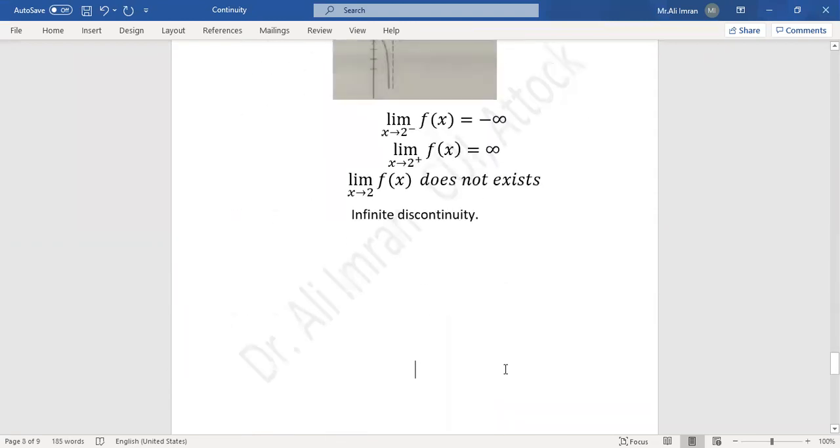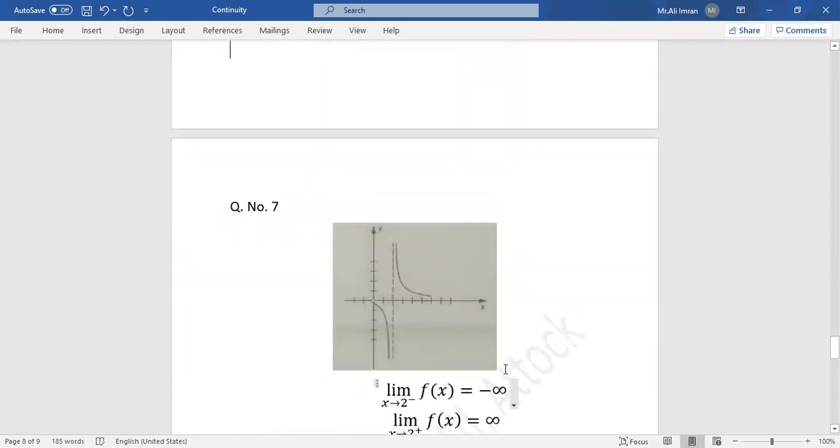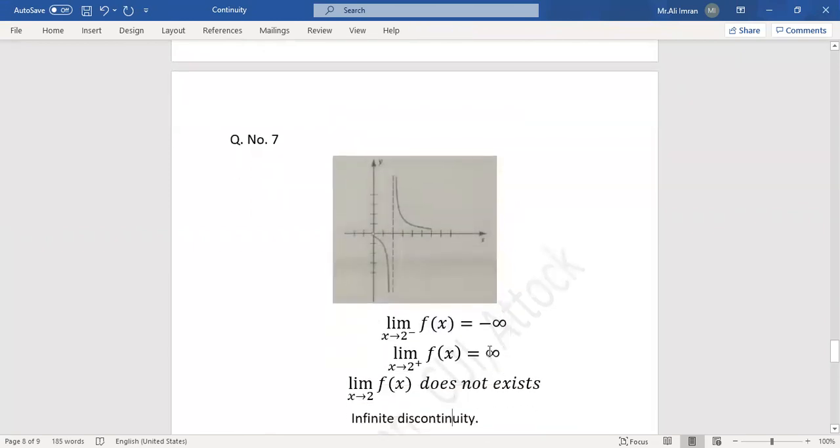Now we will do another question from the third type. Question number 7. Limit x approaches 2 minus, which means that we approach the limit from values less than 2. If we approach the limit x equal to 2 from the left hand side, we see that the function decreases without bound, termed as minus infinity.